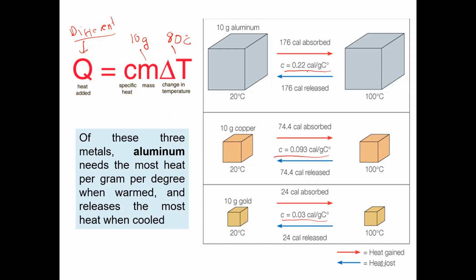This is why for aluminum we need 176, and for gold we just need 24, because the amount of heat needed to increase the temperature also depends on the specific heat of the material.